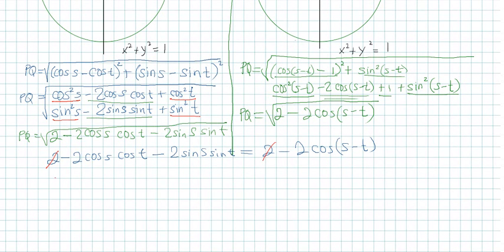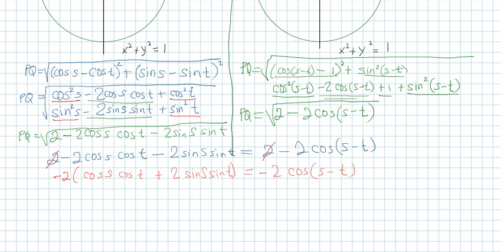So I can put a minus 2 here, and I have cosine of s cosine of t plus 2 sine of s sine of t equals minus 2 cosine of s minus t.